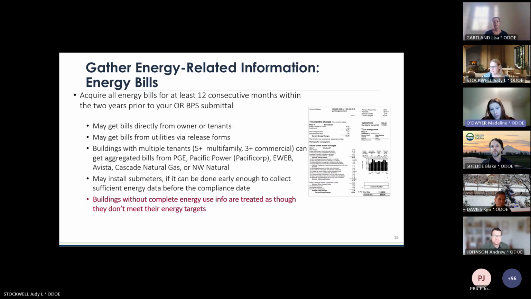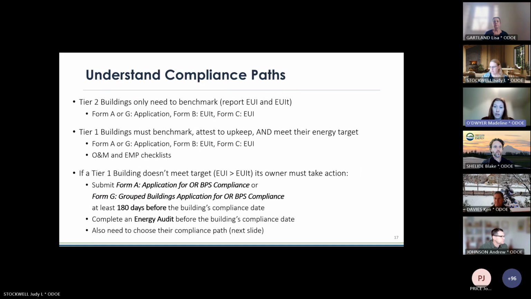Now, when we're talking about information and data, we are talking about benchmarking through at least 12 consecutive months within 2 years prior to your Oregon BPS submittal. That means that if you have a compliance date of June 1st of 2029, you can pick any 12 consecutive months between 2027 and 2029 to show us what your EUI is.